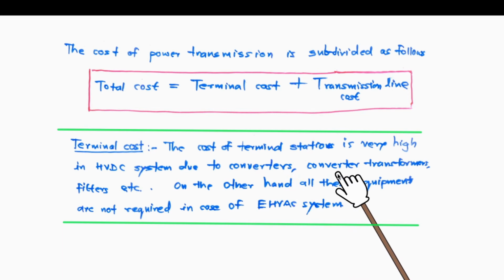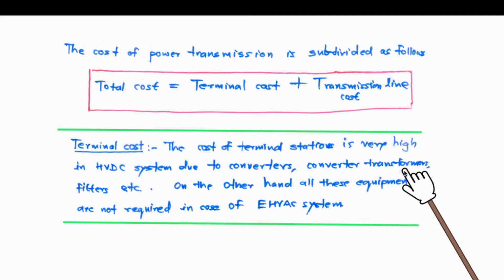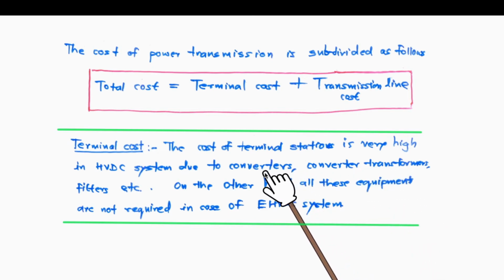And secondly, for stable operation of converters, converter transformers are required, depending upon the pulse number of operation for HVDC converters. These are special transformers, not conventional transformers. They are supposed to provide stable operation as far as the rectifier and inverter are concerned.